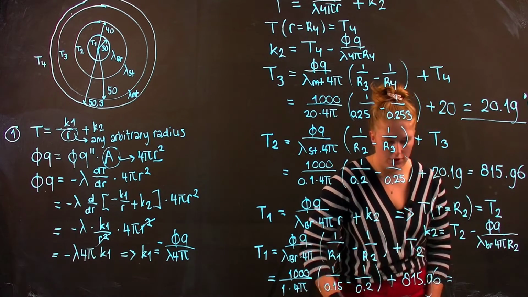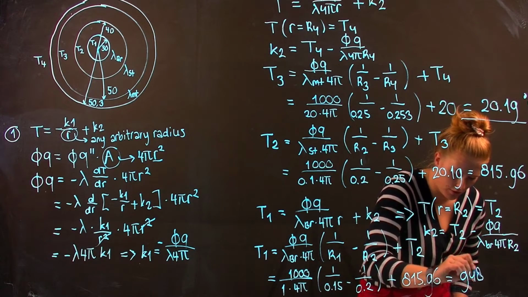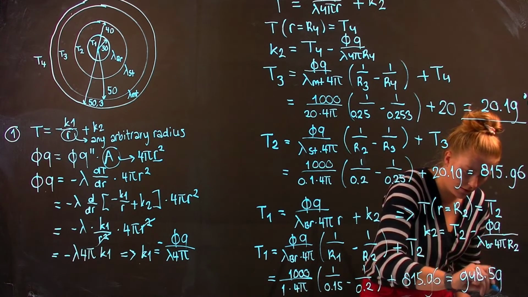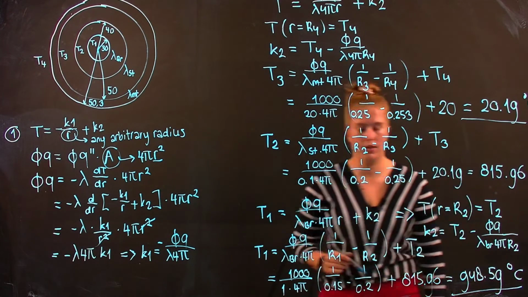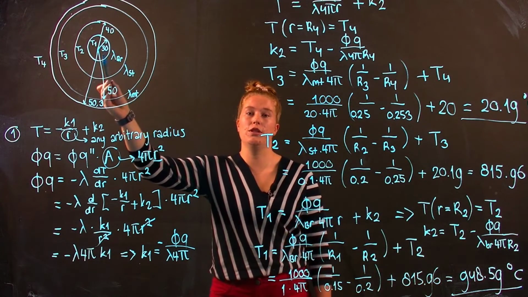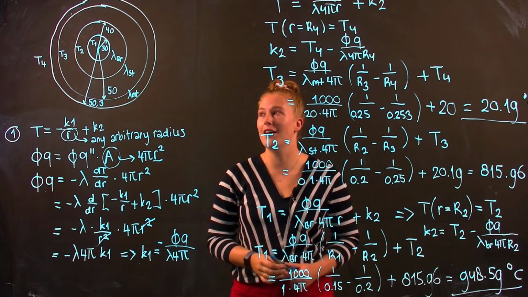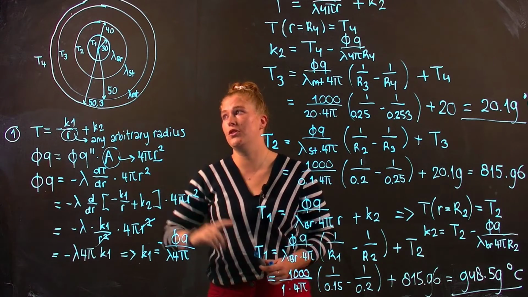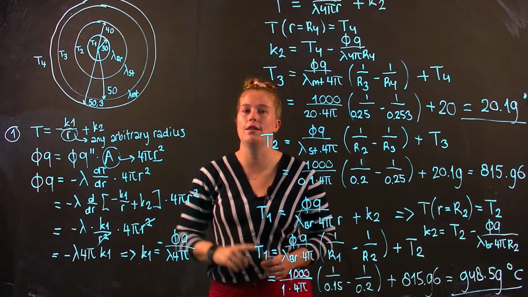And this gives us a final temperature of 948.59 degrees Celsius. And this is our inside temperature T1. As you can see, it is quite high when you compare it to the outside temperature T4, but that of course is due to these very insulating layers around it.